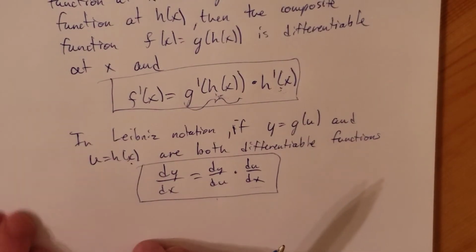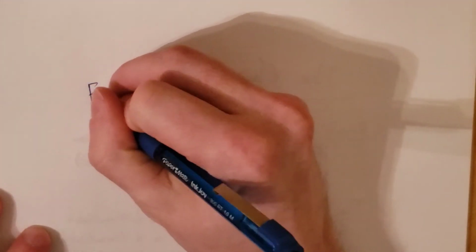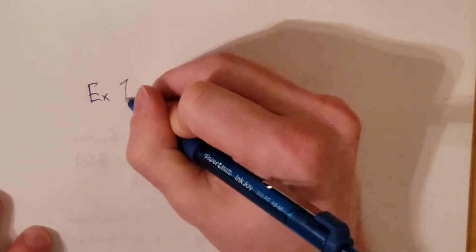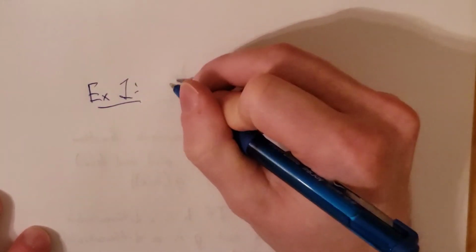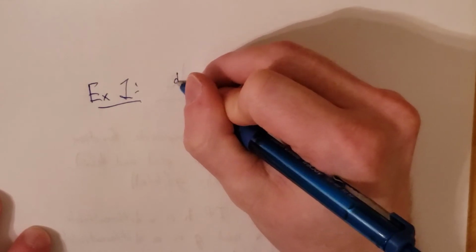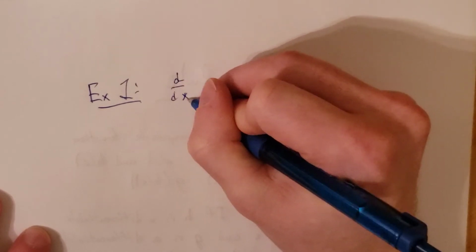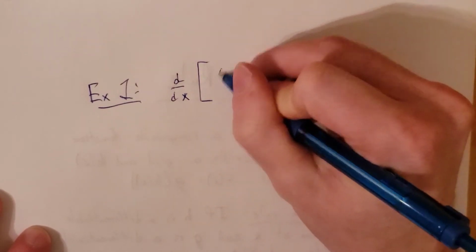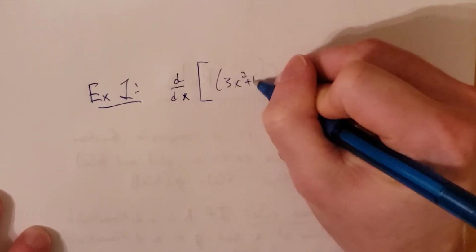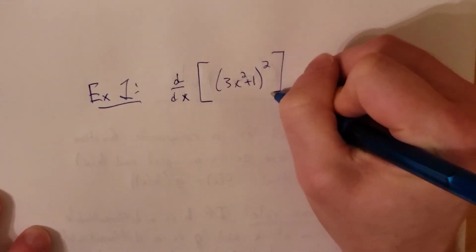So with that in mind, let's let that be how we think about solving this first example. Example 1, let's find the derivative of 3x squared plus 1 quantity squared.